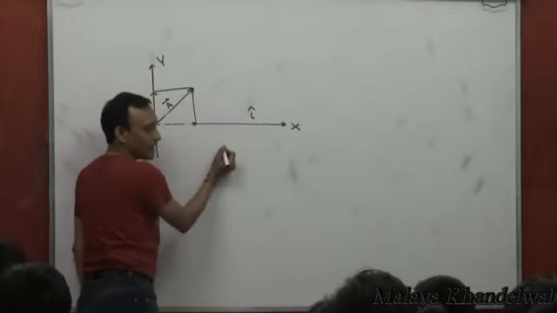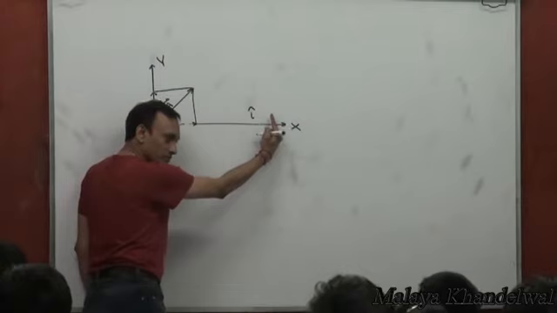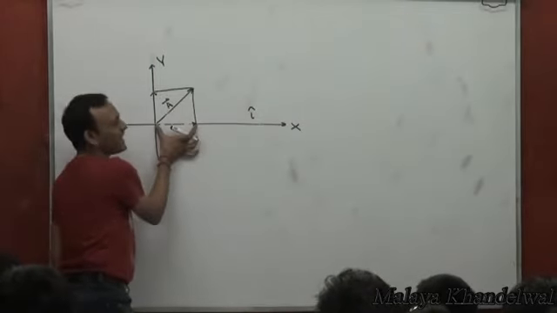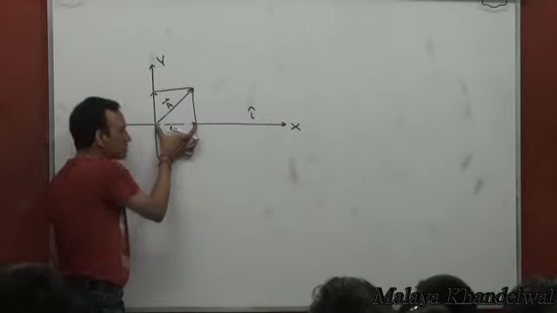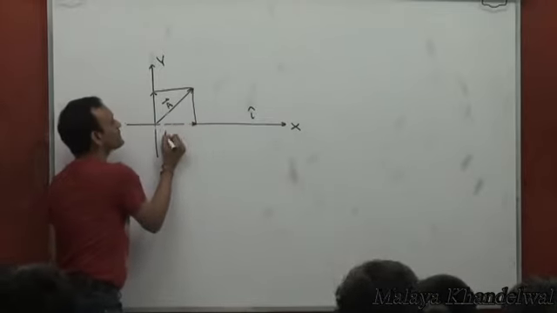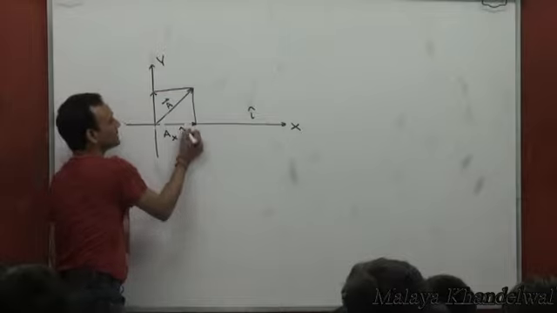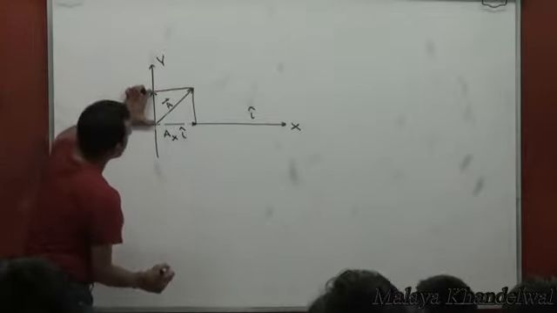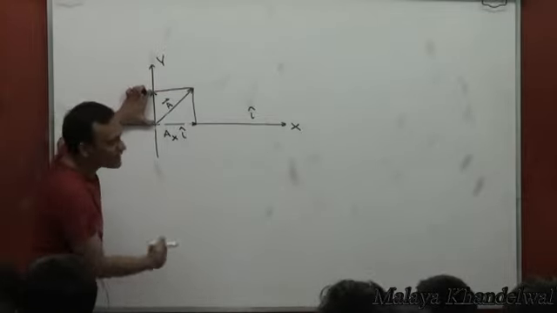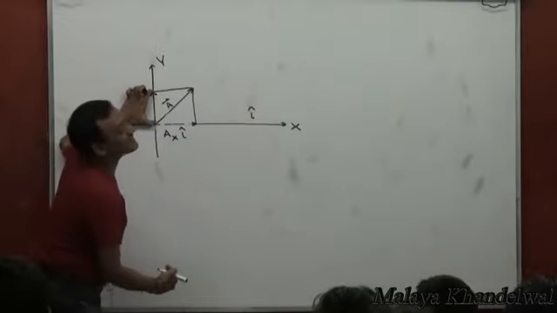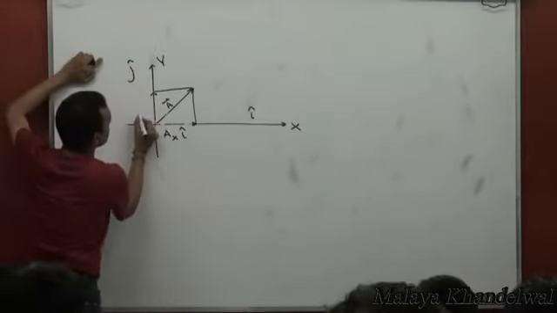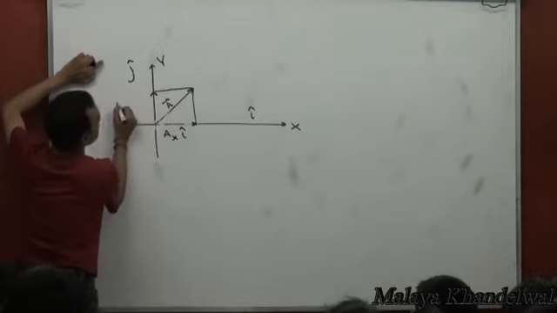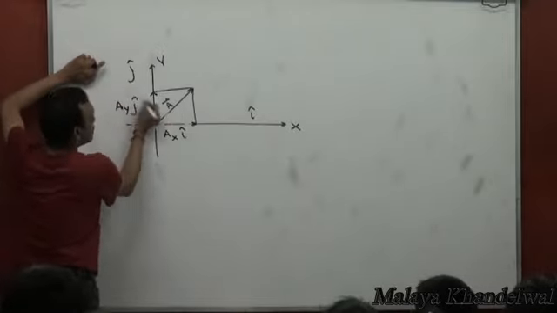And I said if I cap is a unit vector in this direction, and if AX is the length of this, then this vector is represented by AX I cap. This vector is said to be the y component of A. This length is referred to as AY. And if j cap be a unit vector in this direction, then this vector is written as AY j cap.